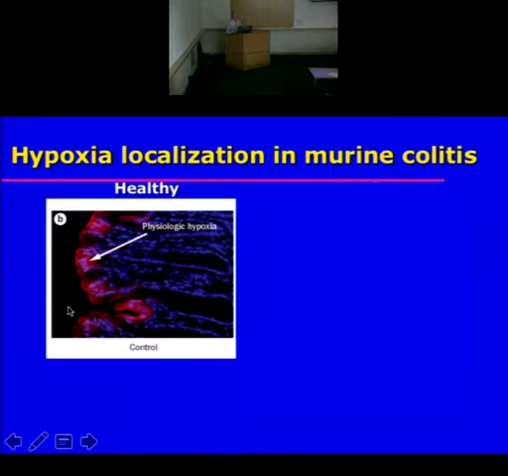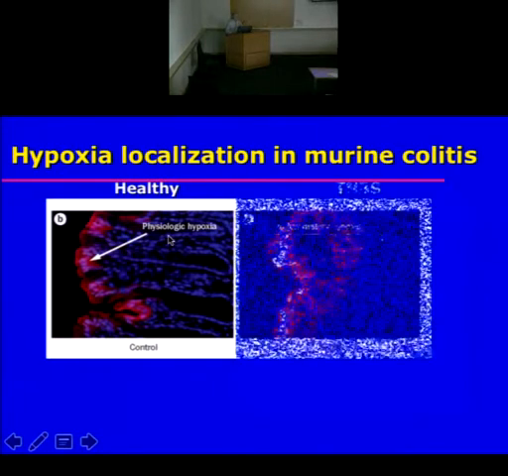Realize this is the outside world, the lumen of the gut, where there is zero oxygen. But you see this gradient across the tip of the villi. We have termed this physiologic hypoxia, and it has turned out to be important from the perspective of gene regulation.